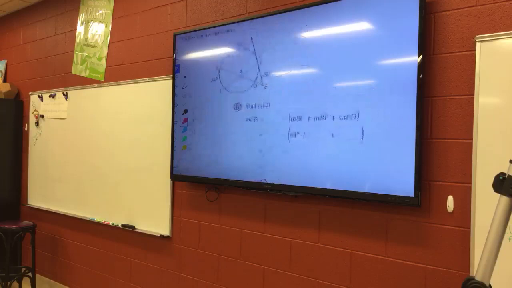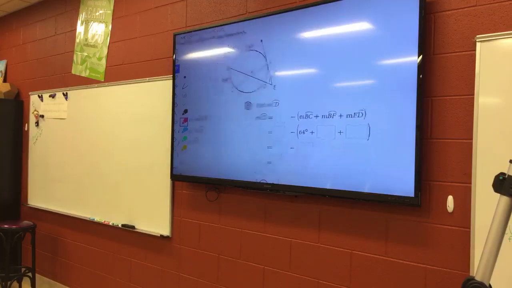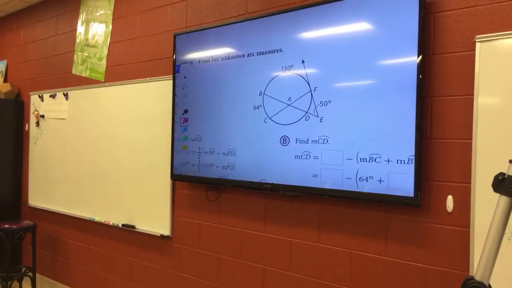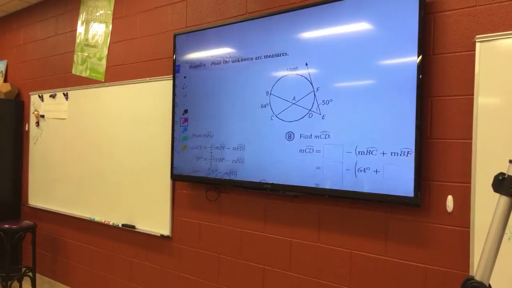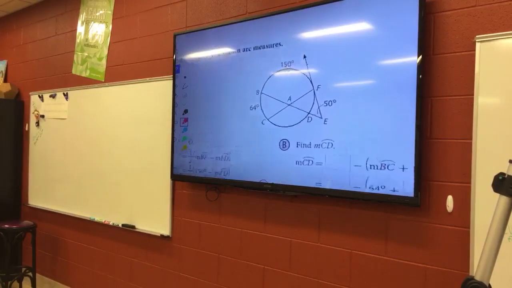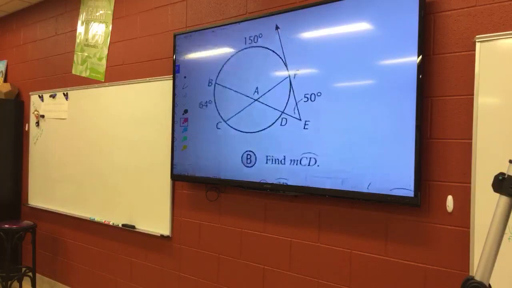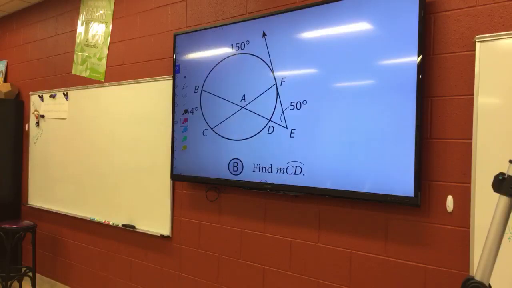It says to find CD and FD. Okay, so we've got to find FD first. I want to make sure that when I do a picture like this you can see it.